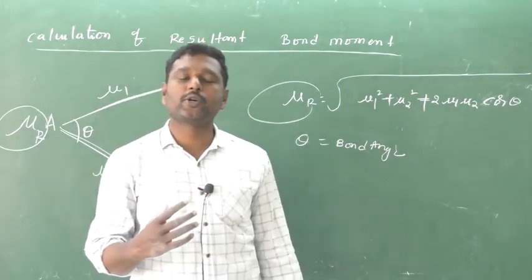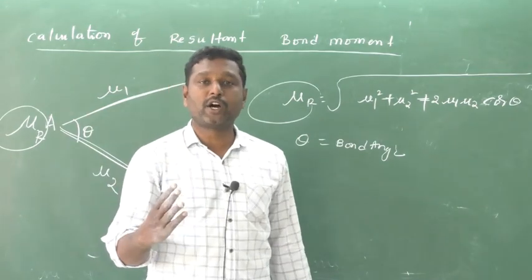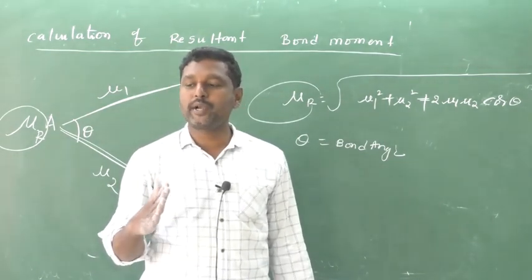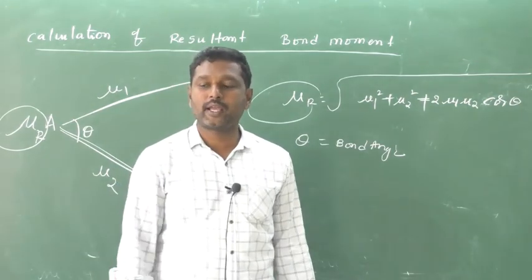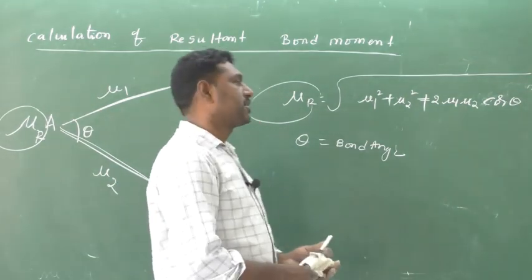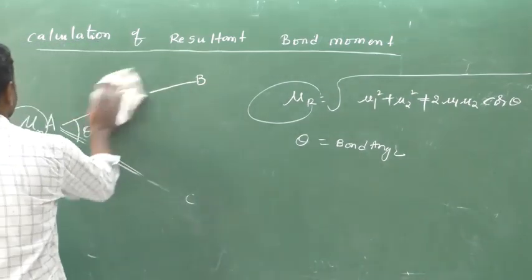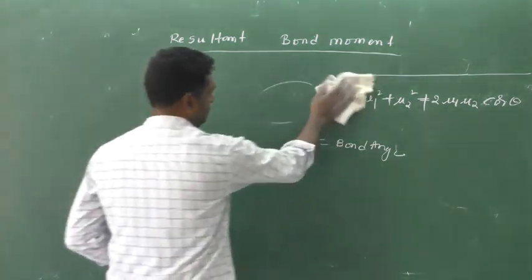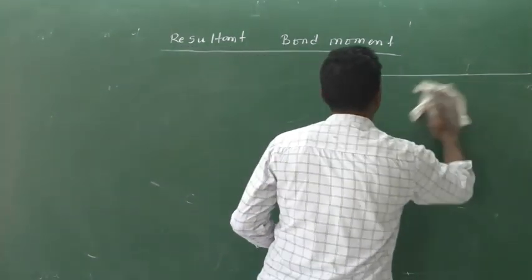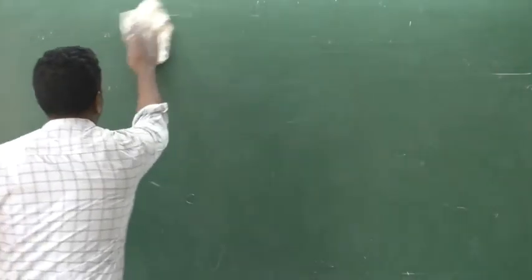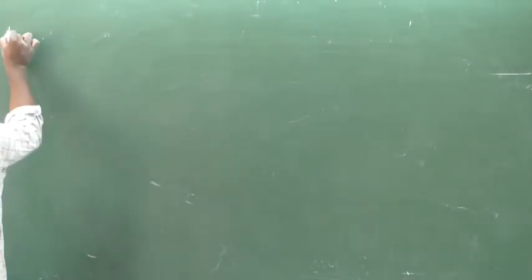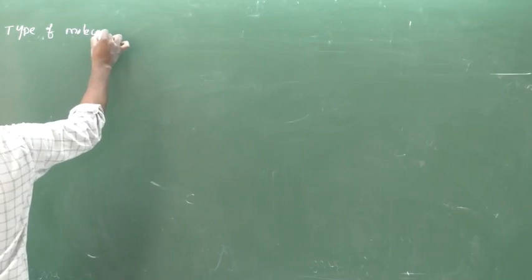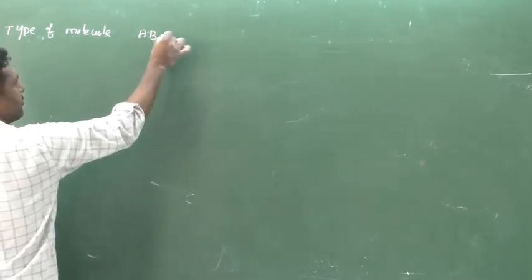Now we discuss type of molecule and examples, and whether dipole moment is possible, and geometry. I will take a few examples and explain here. Type of molecule: AB type.